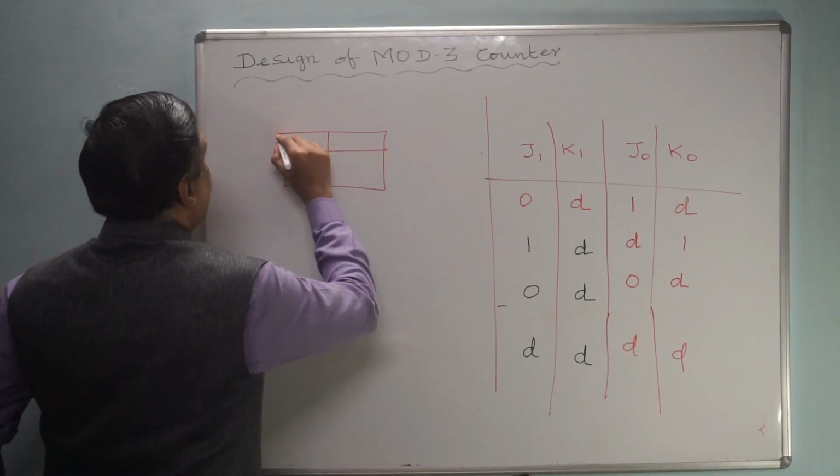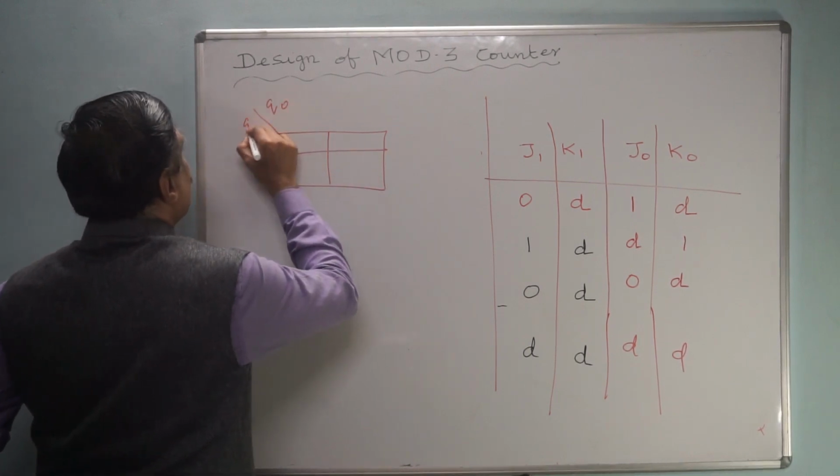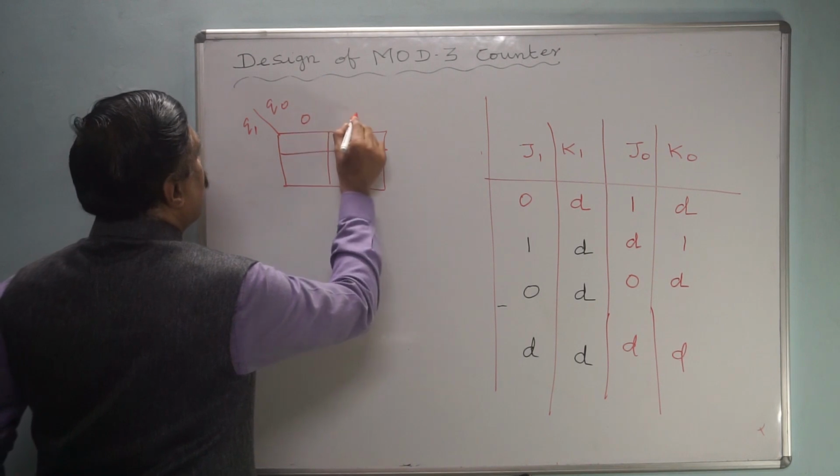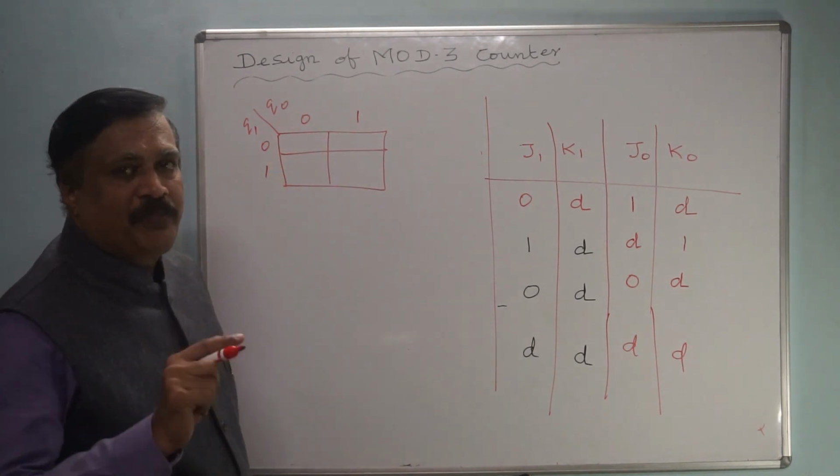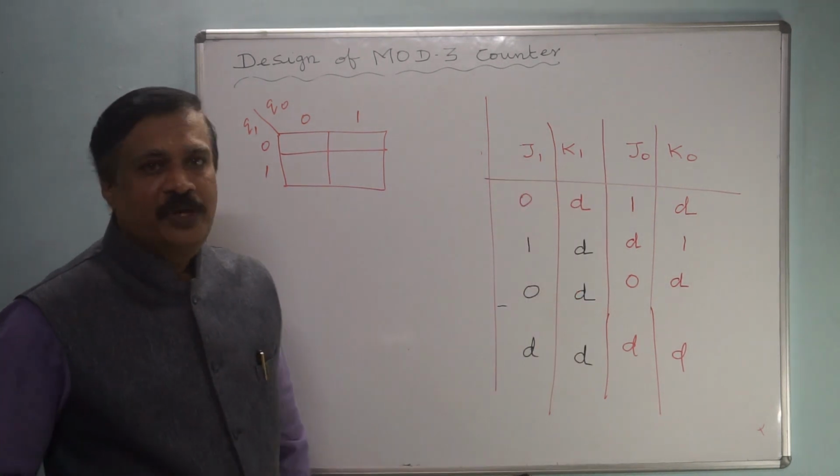It's a two variable, therefore this is Q0, this is Q1, this is 0, this is 1, this is 0, this is 1. You are going to prepare K-map for 4 inputs.